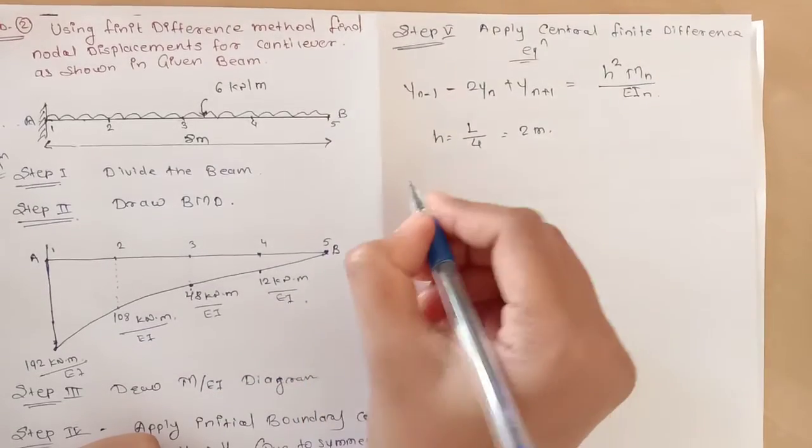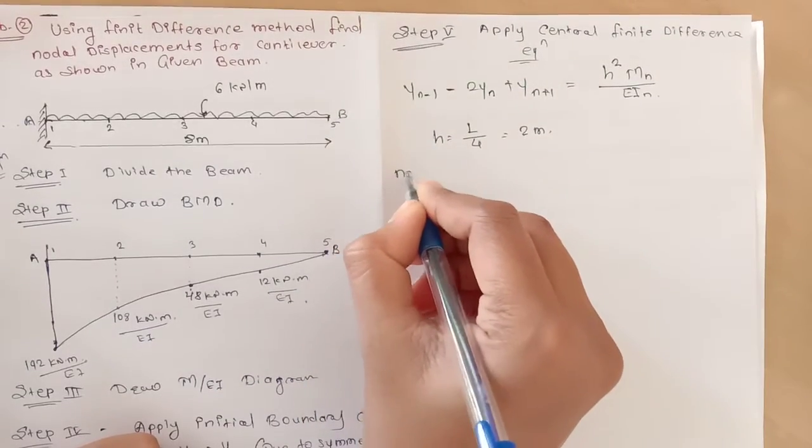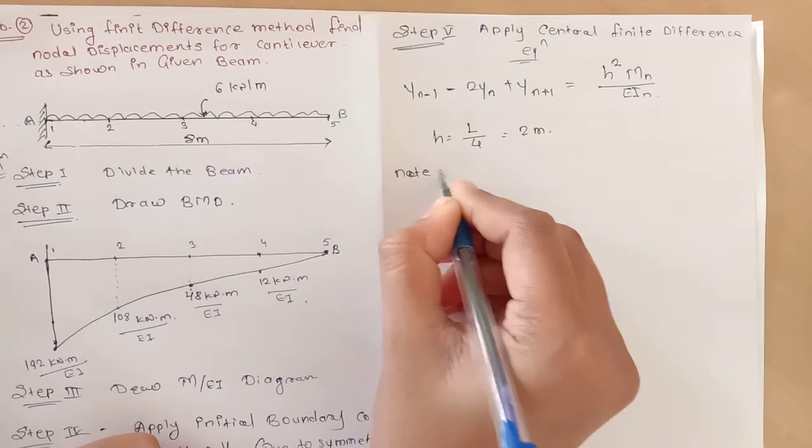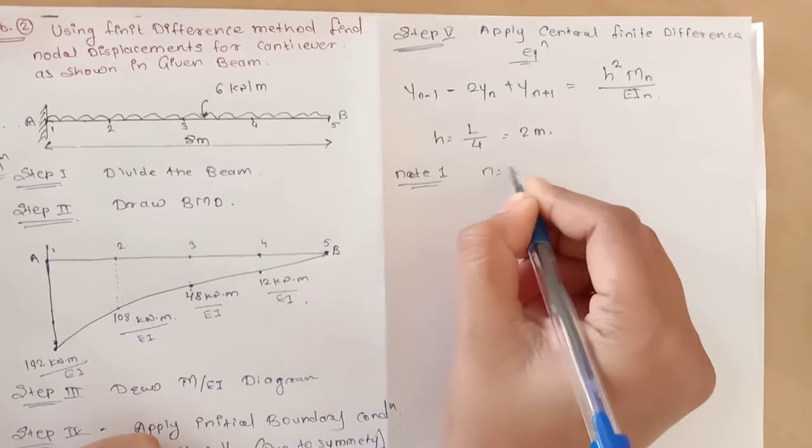Then next, apply this equation firstly at node 1, that means n is equal to 1.